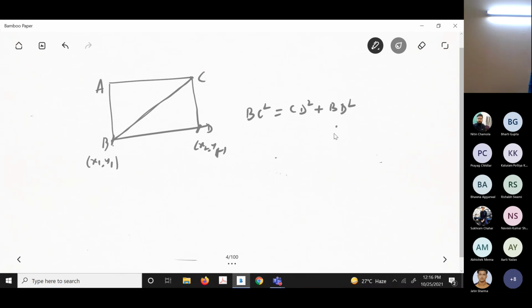So BC squared will be x1 minus x2 squared. On the other hand, for CD, this is y1, and this is y2.